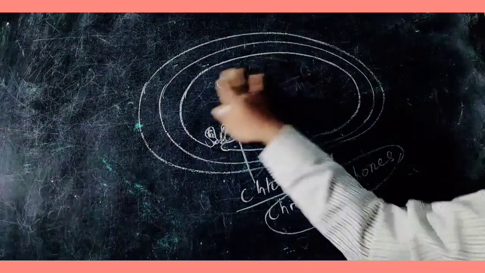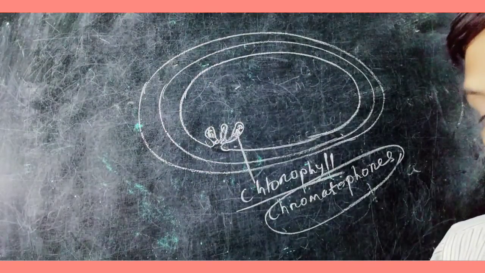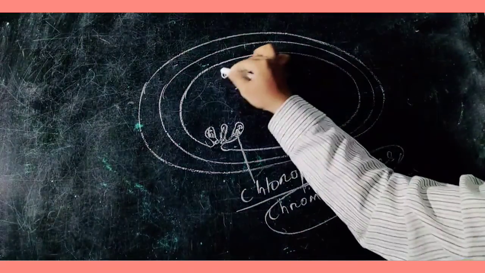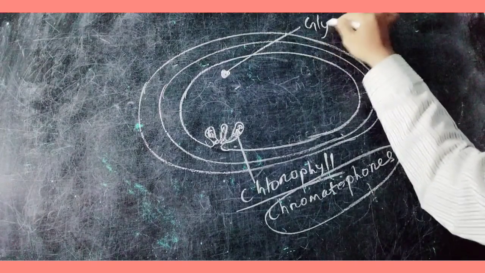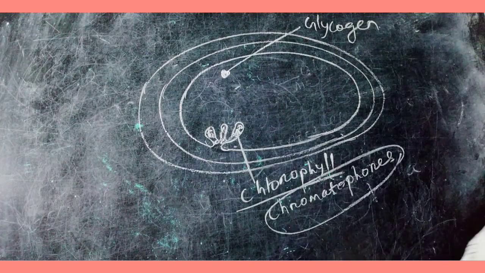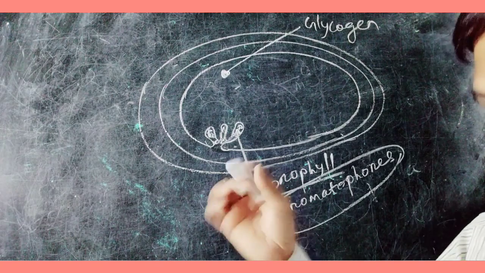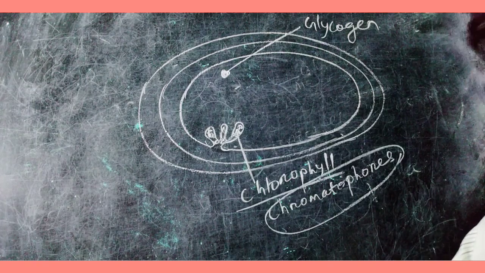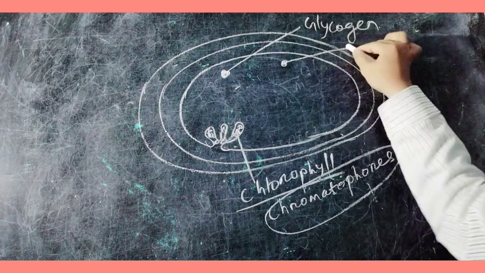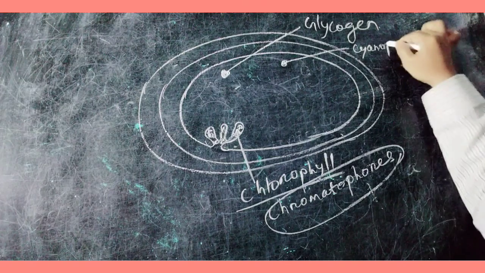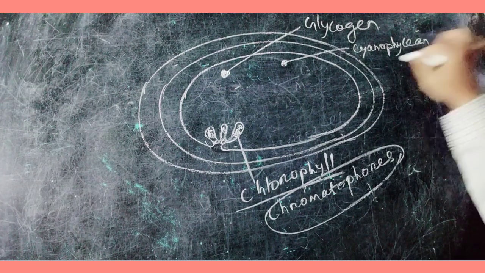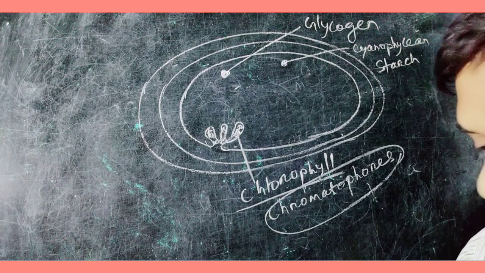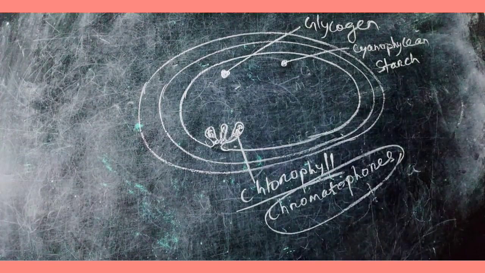Then what are the inclusion bodies in prokaryotes? The major inclusion bodies are the storage glycogen. It is the first inclusion body, glycogen. Glucose is stored. In case of cyanobacteria, cyanophycean starch is found, not in others.